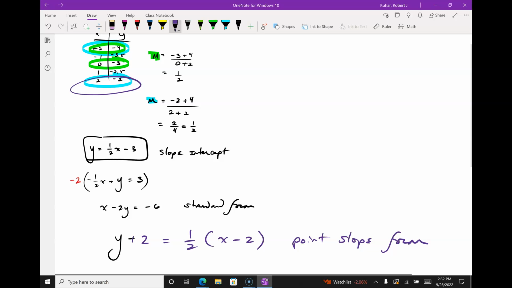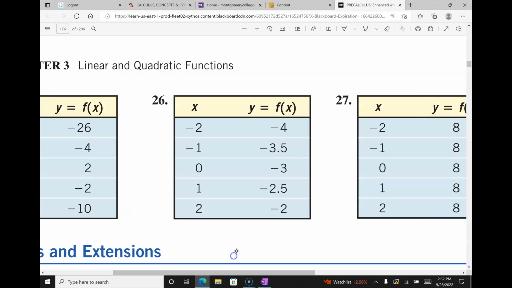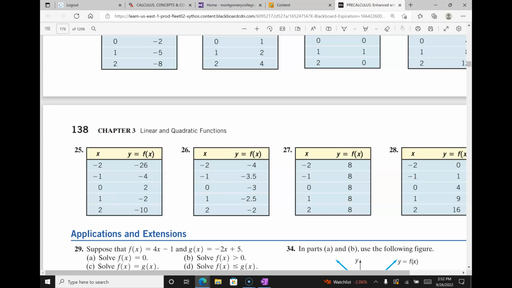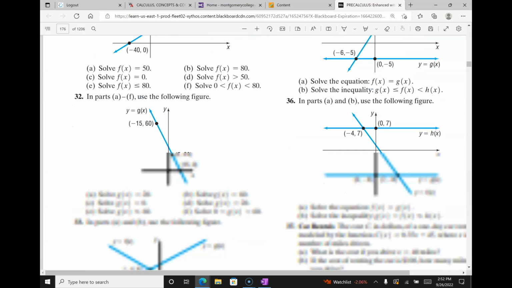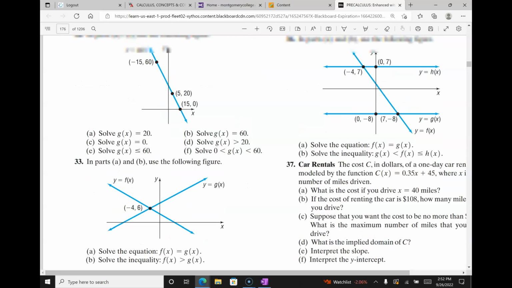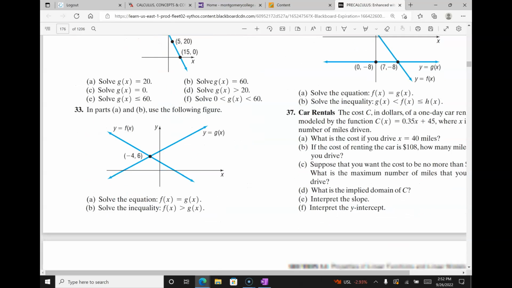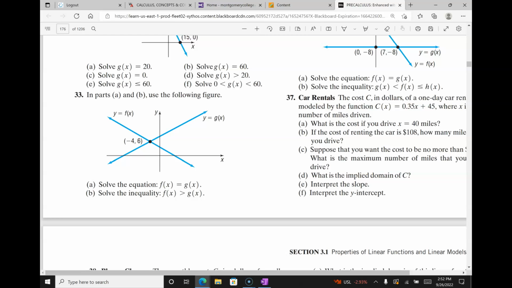Next type of interesting problem in 3.1 is inequalities of linear functions. So I'm looking at several of these inequalities. I like the ones with 2 lines.